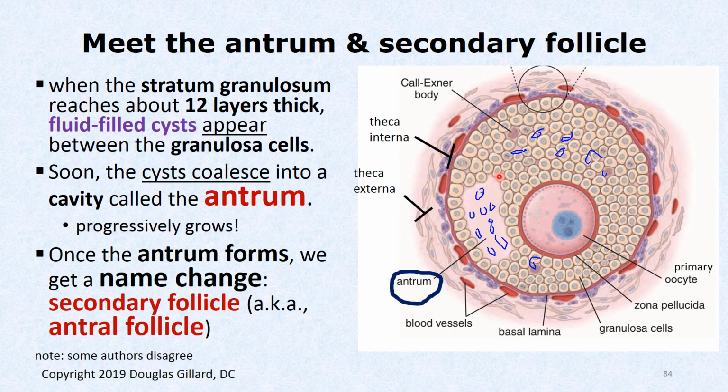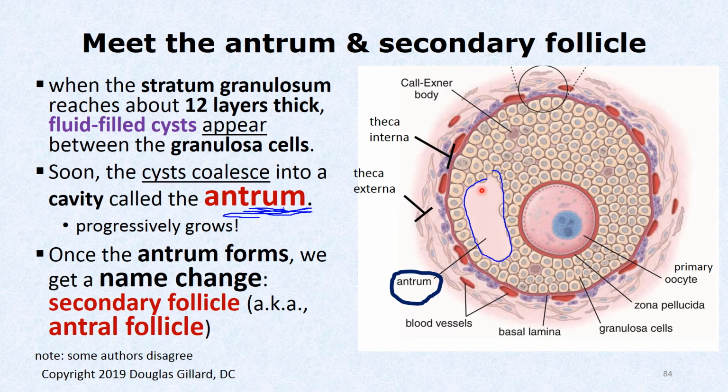The next thing that happens is these cysts start coalescing together into bigger and bigger cavities. So now they're looking like this because they're coalescing. And then finally, they look like this giant thing here. And that has a name, and that's called the antrum.